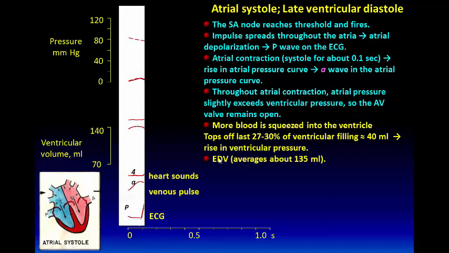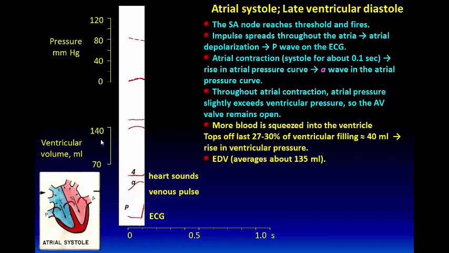And now here we have a curve which represents pressure changes in the left ventricle and pressure changes in the aorta.